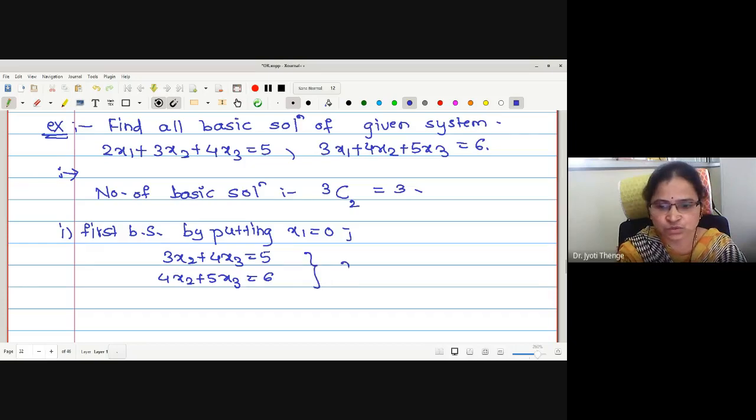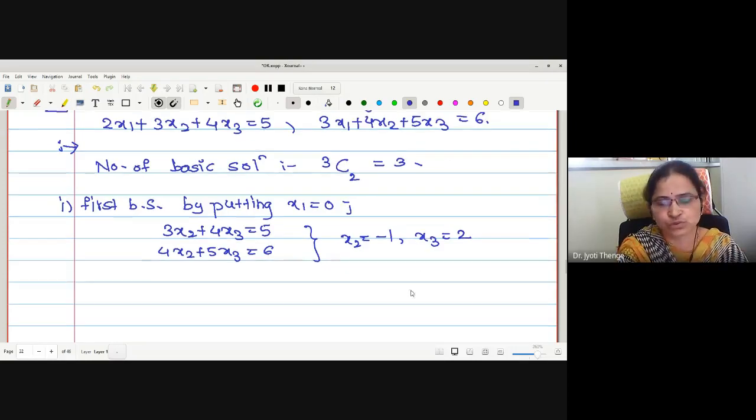Here we get the solution x2 = -1 and x3 = 2. This is the basic solution. Is it a basic feasible solution? No, it is not feasible because one of the variables is taking a negative value.